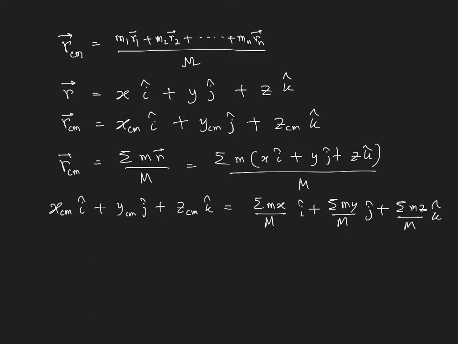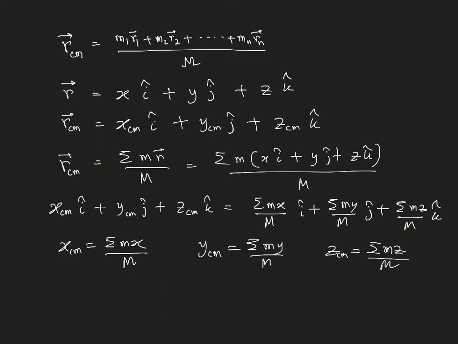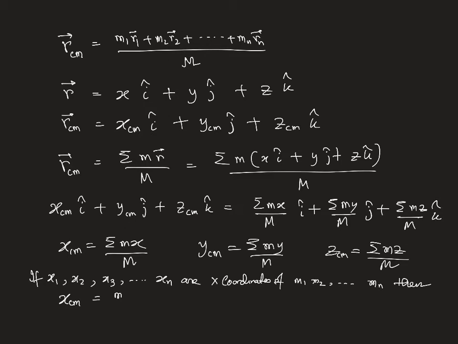So what is xcm then? xcm is sigma mx divided by capital M. Same way ycm is sigma my divided by capital M, and zcm is equal to sigma mz divided by capital M. So it means that if x1, x2, x3 up to xn are the x coordinates of m1, m2 up to mn, then xcm is m1 x1 plus m2 x2 plus m3 x3 up to mn xn divided by capital M, where capital M is m1 plus m2 plus m3 plus m4 and so on, the total mass of the system.